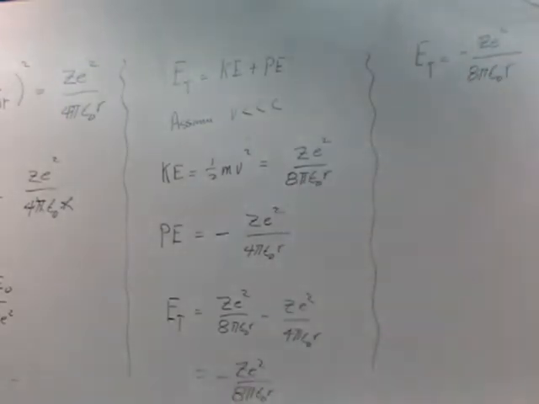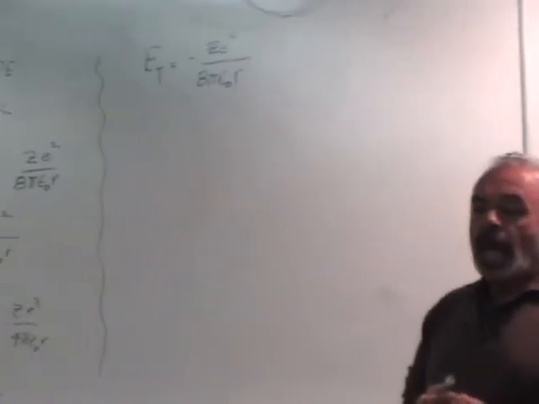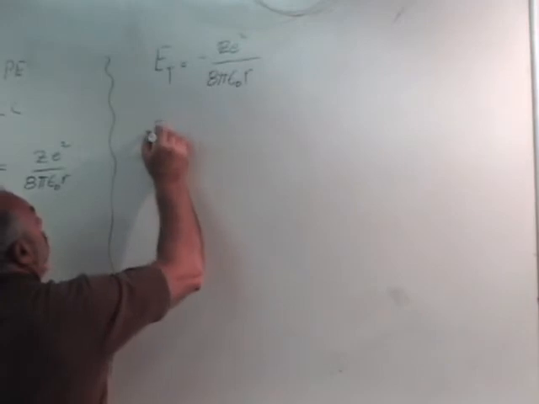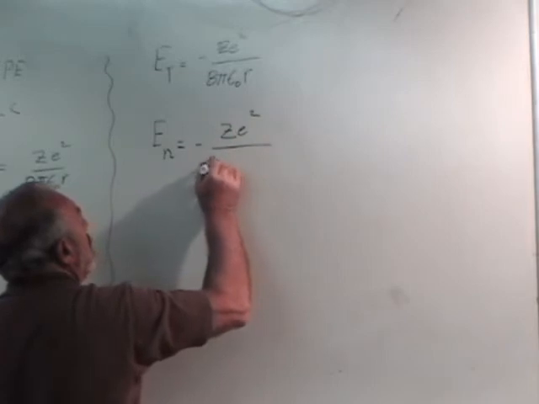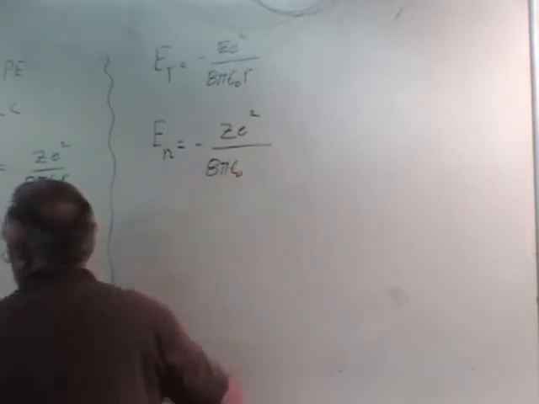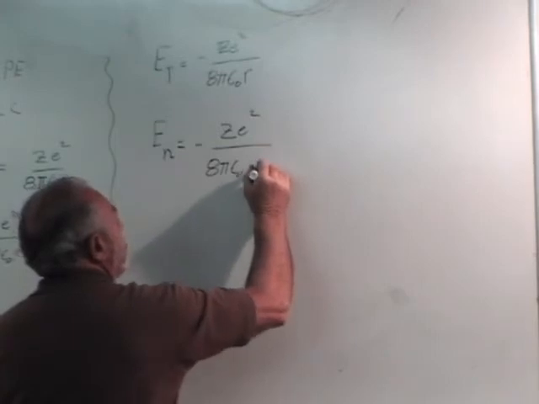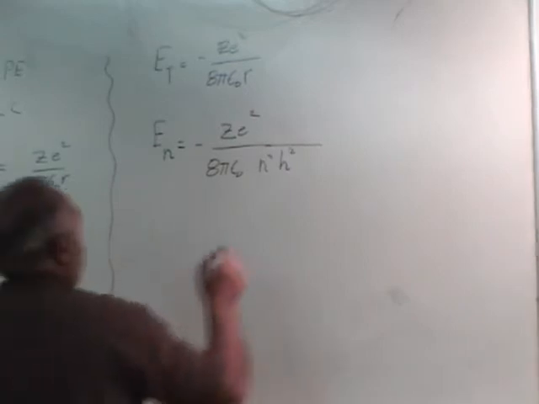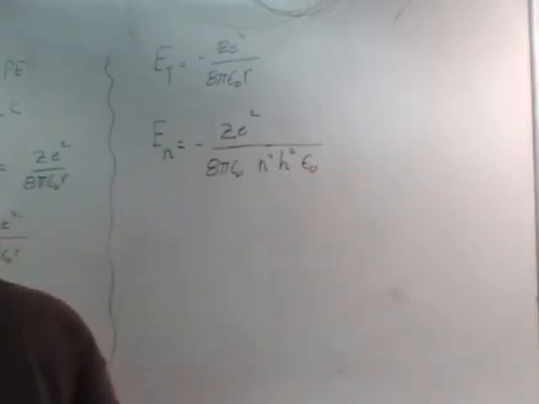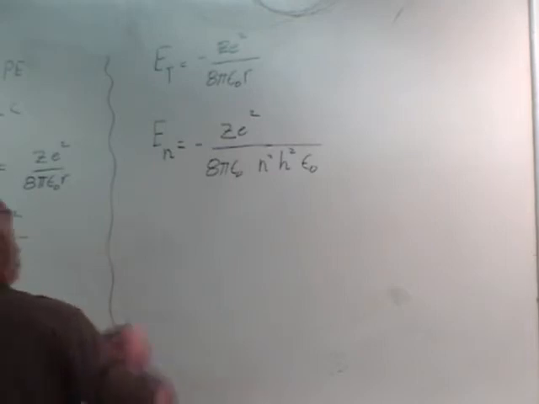Now we've got the total energy of the atom, and I would like to put in the quantum condition. Here it is, right here. Let's put in the quantum condition for R. So now, what I'm going to call E sub n is minus ZE squared over 8 pi epsilon naught, and R is n squared h squared epsilon naught divided by pi m ZE squared.